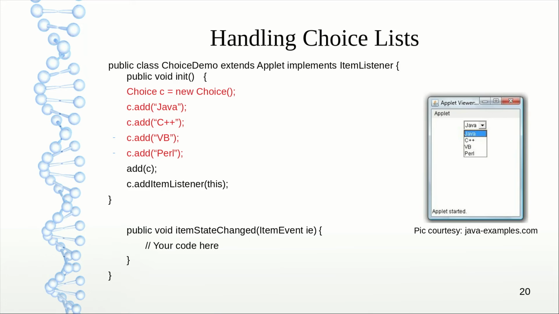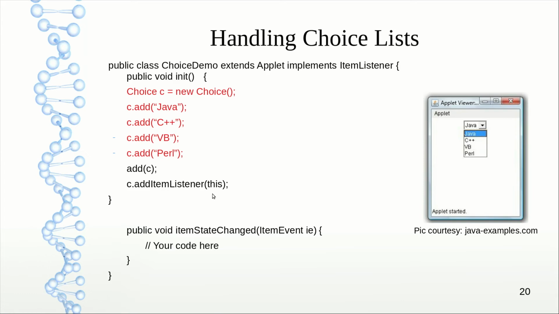In this example, you can see that I have made a choice list using the default constructor, that is a constructor with no parameter at all. Then I populate the choice list with the different strings. Then I add this choice list to the applet window. Finally, I register the item event associated with this choice list.